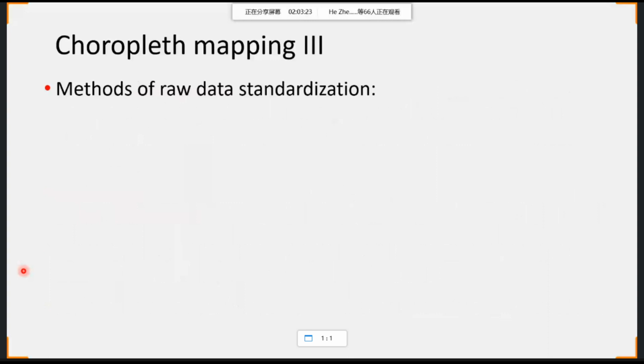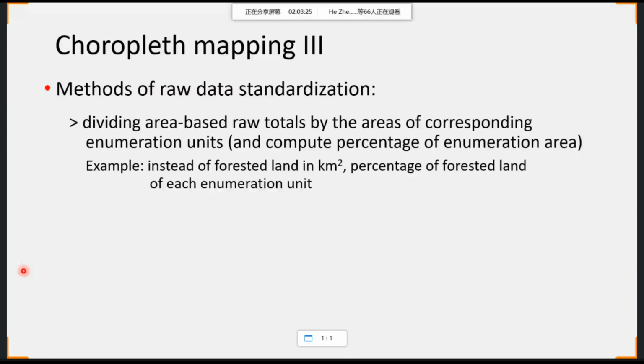Methods of raw data standardization. It's possible to divide area-based raw totals by the areas of corresponding enumeration units and compute the percentage of enumeration unit area. An example would be, instead of forested land in square kilometers, you can use the percentage of forested land of each enumeration unit.